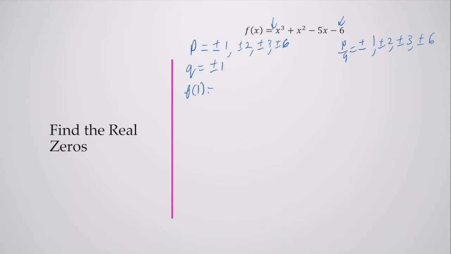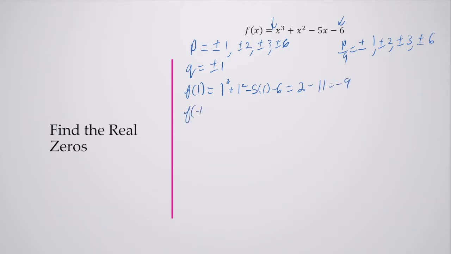So let's do f of 1. I get 1 cubed plus 1 squared minus 5 times 1 minus 6, which is going to be 2 minus 11, which is definitely not 0, so we can stop there.